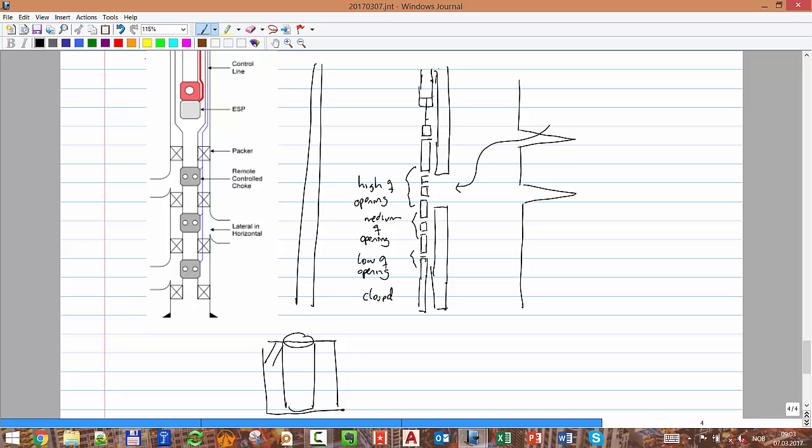Let's make a small opening here. So that line comes here, and if I want to move it down, I just pump it, push it, and it will move it all the way down. If I want to, it will go the other way.